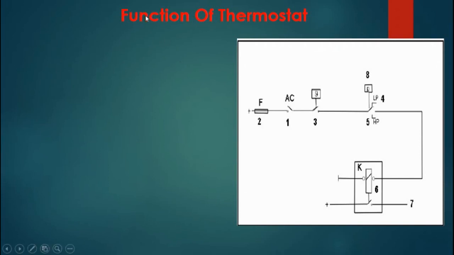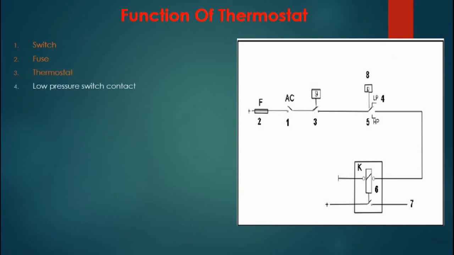First is the thermostat, and how the thermostat works. This is a small diagram which shows how we monitor and control the compressor. Number 1 is the AC switch. Number 2 is a fuse. Number 3 is a thermostat, which we are going to talk about.